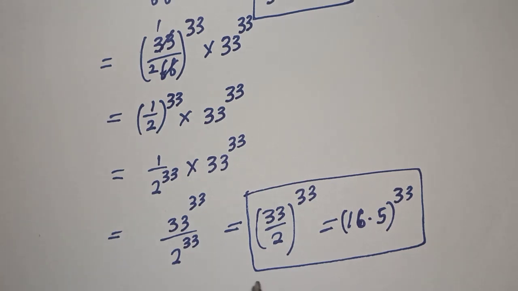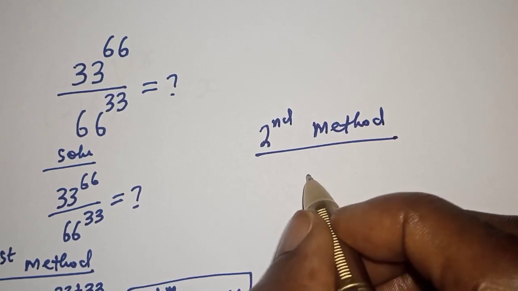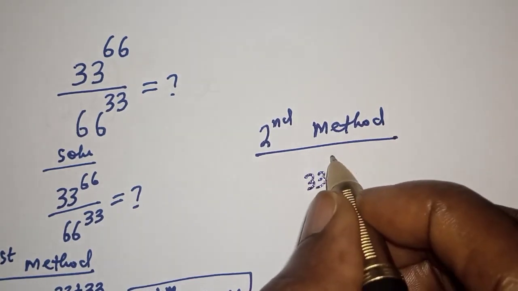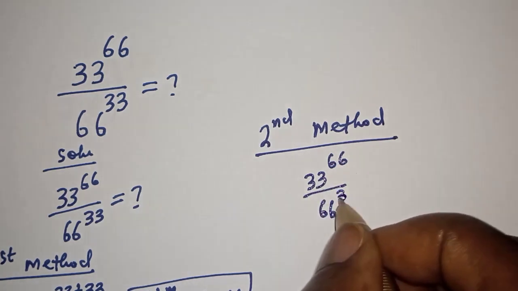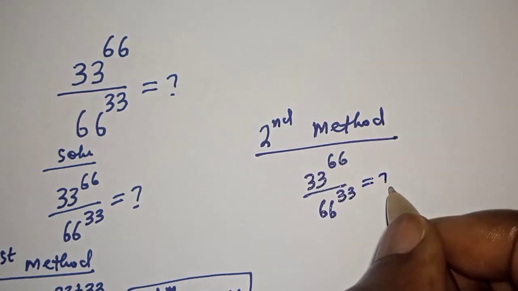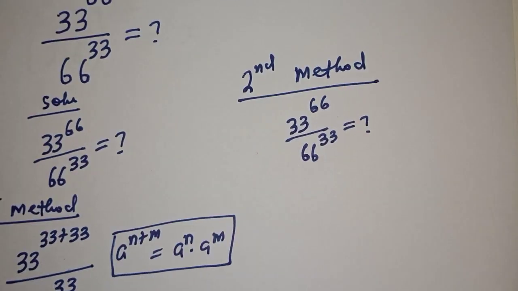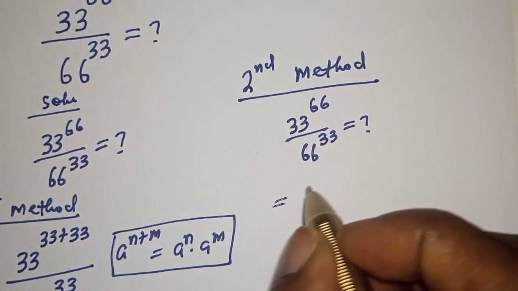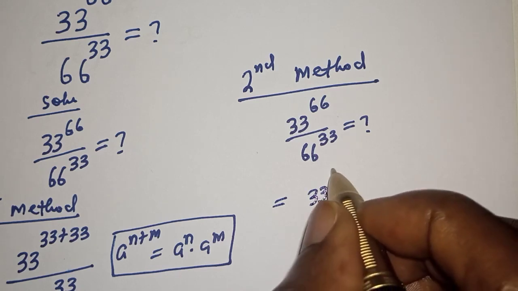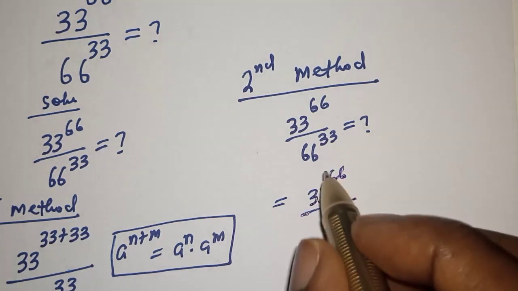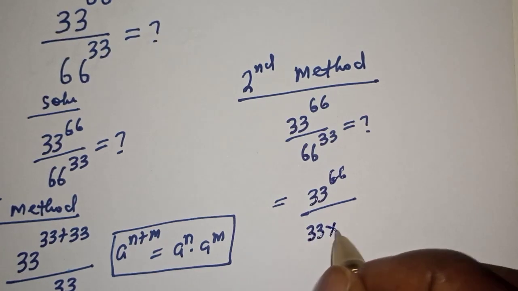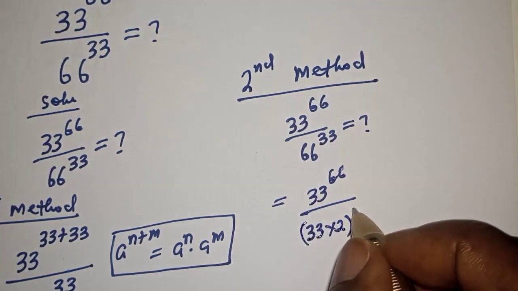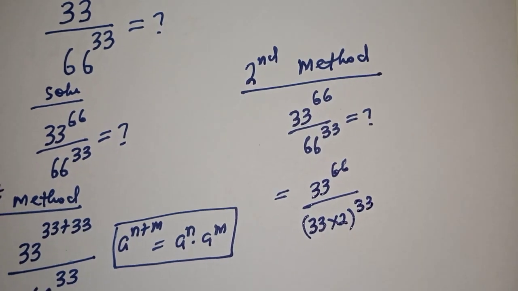Then let's consider the second method. We have the given expression 33 raised to power 66 divided by 66 raised to power 33. Then this is equal to 33 raised to power 66 over 66, which can be written as 33 multiplied by 2, raised to power 33.